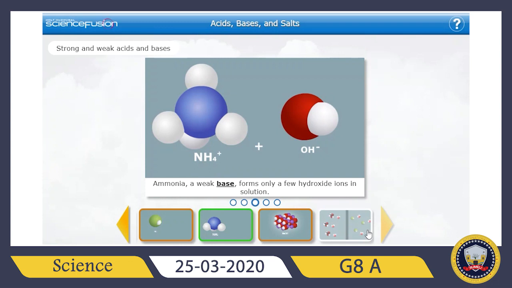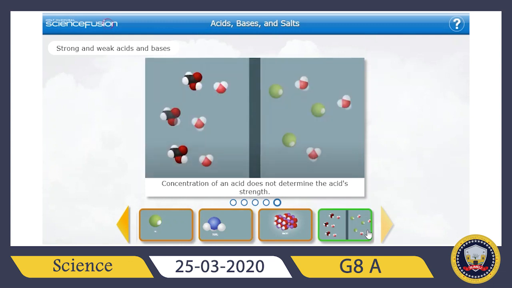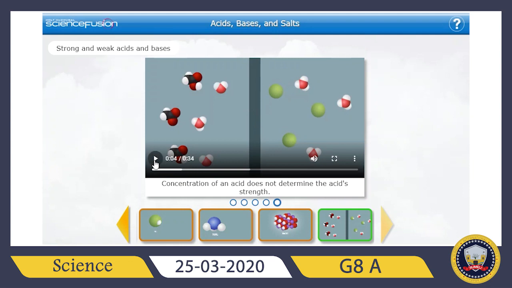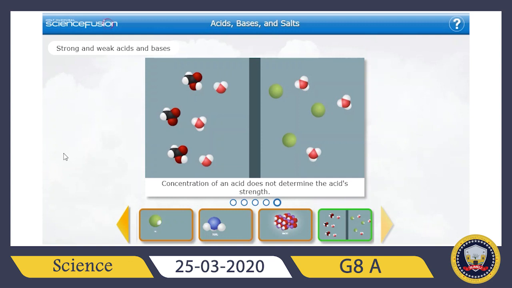And this weakness is not related to concentration. Also, please remember this. We can't say that if we put more hydrochloric acid, or I'm sorry, if we put more vinegar into water, we can make it a strong acid. No. This is not related to concentration. Okay? It is not determining the strength of the acid or base.